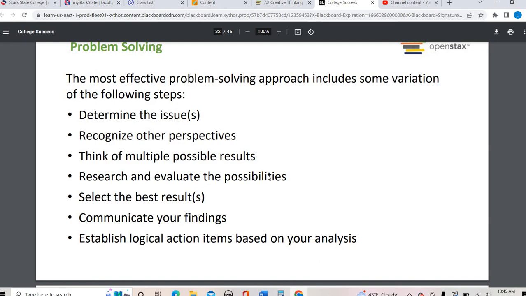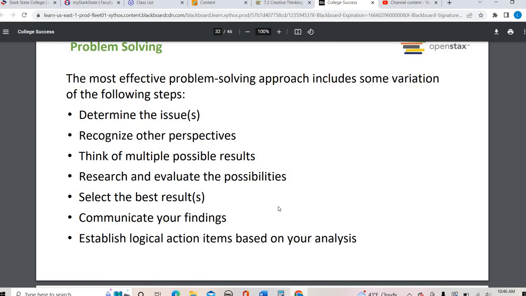For instance, let's say you're thinking about your spring schedule. What's the issue? Do you want to take a spring schedule? Do you want to take a full load, a light load? Look at other perspectives, considering how this is going to impact my employer or my fellow students, my children, my spouse, whoever that might be, and all the possible results. Really look at your options, select one, and then communicate and reevaluate how the problem solving went.